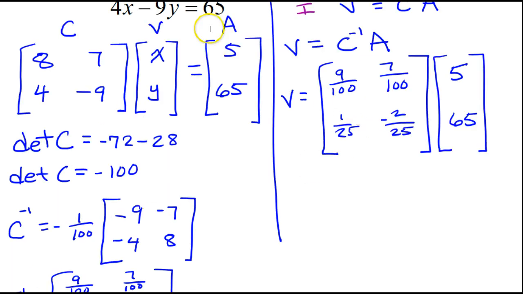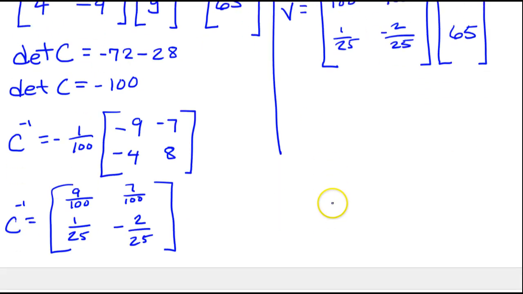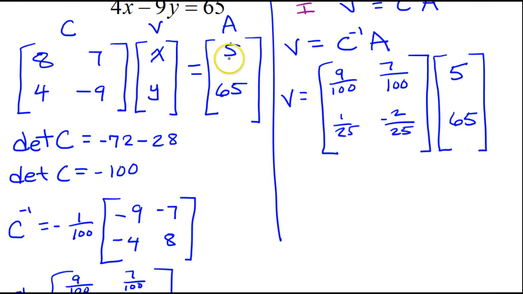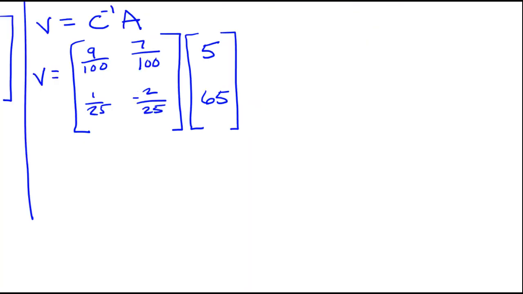Substituting in the actual matrices, the inverse of matrix C, that's what we just found, so that's right here. And then matrix A is 5 and 65, so that's here. All I need to do is multiply these two matrices together, and that will give me the answer. When you multiply one matrix times another matrix, you pay attention to the dimensions.